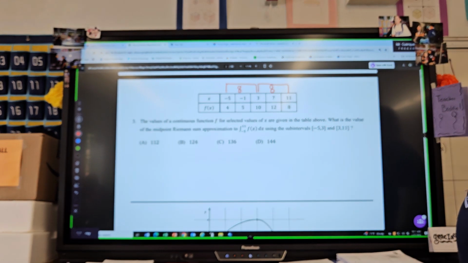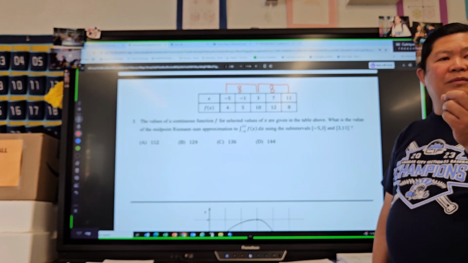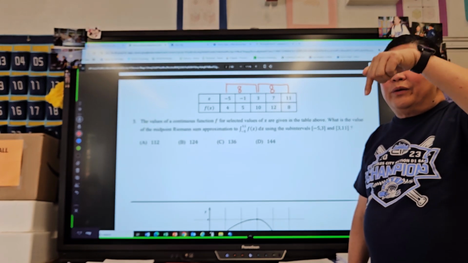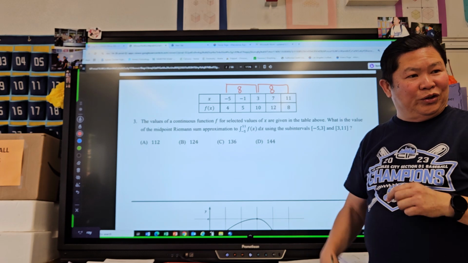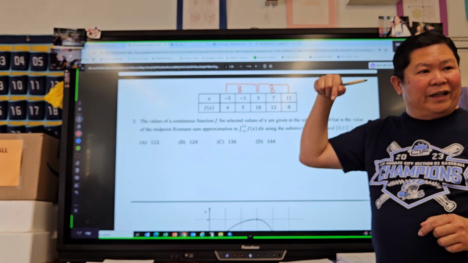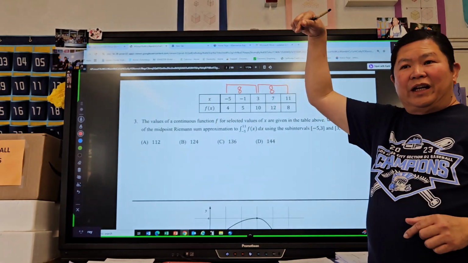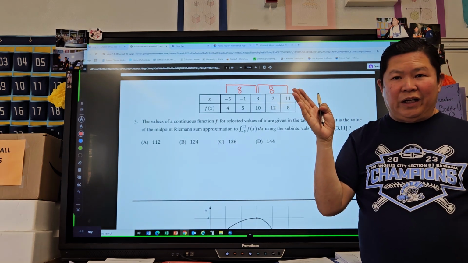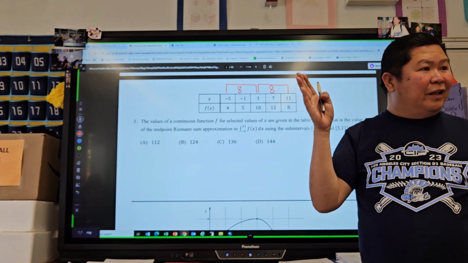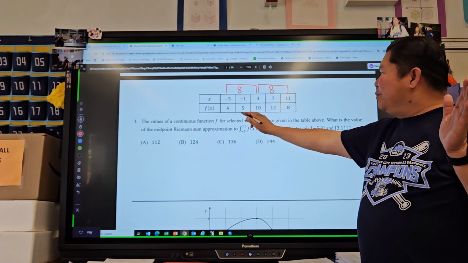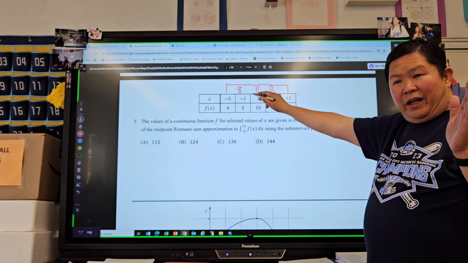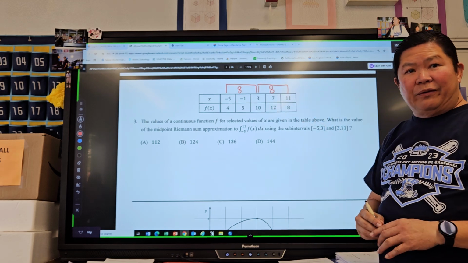Okay, so what is the midpoint Riemann sum? You go directly down. Okay, test taking strategy: it's going to be directly in between. Guys, what is in between -5 and 3? It's -1, and down is 5, right?